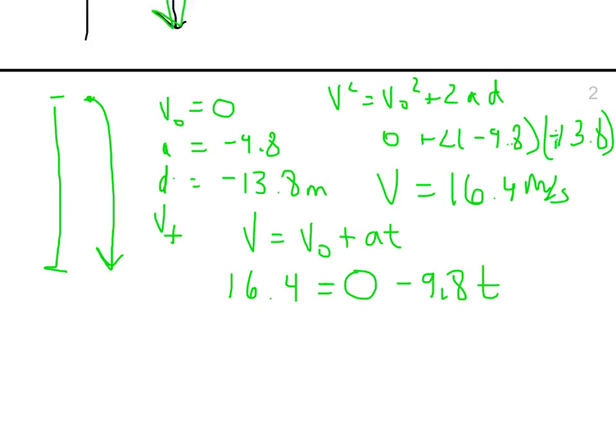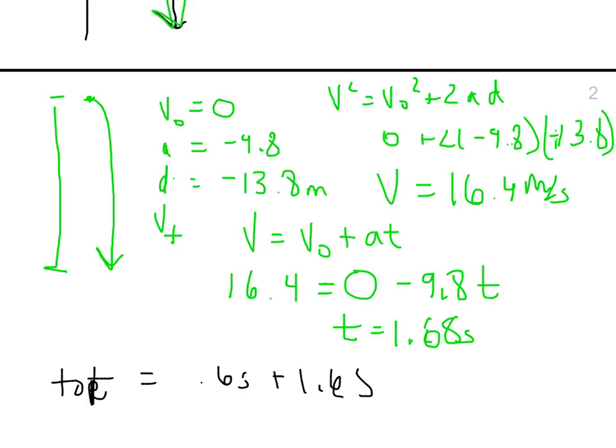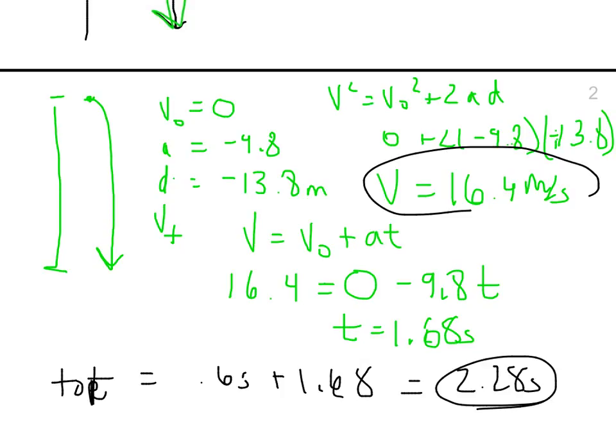And I get T on the way down is 1.68 seconds. So the total time that it's in the air is the time on the way up, which we said was 0.6 seconds, plus the time on the way down, which is 1.68 seconds. So I get 2.28 seconds total. So here's the total time. Here's my speed it hits the floor at, and that should be good to go.